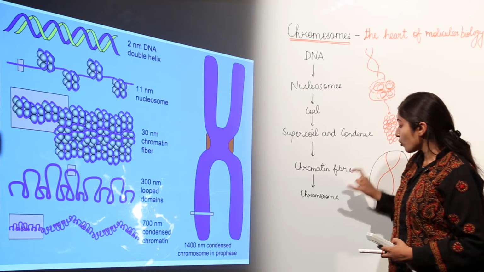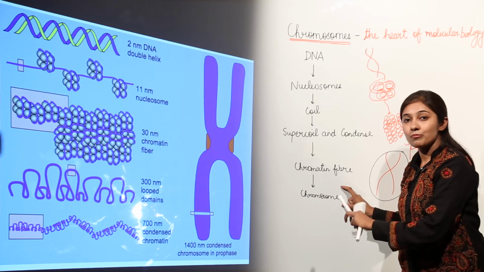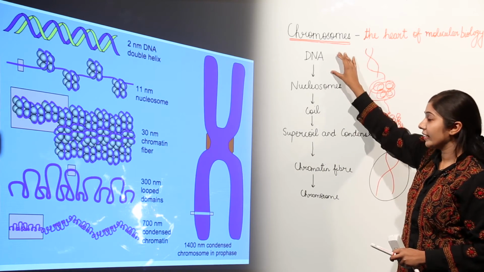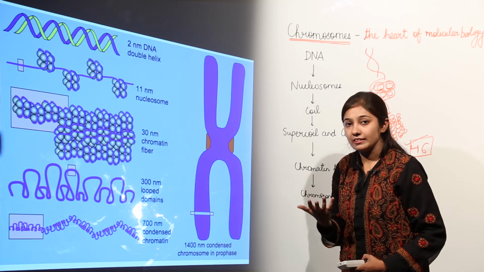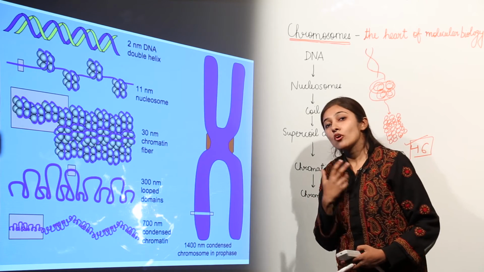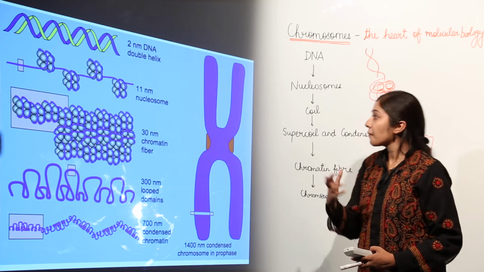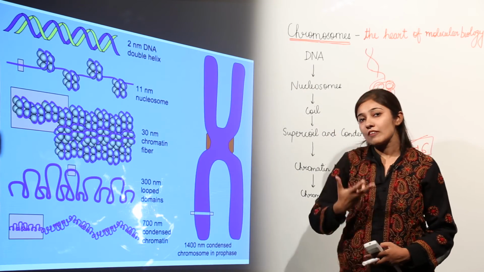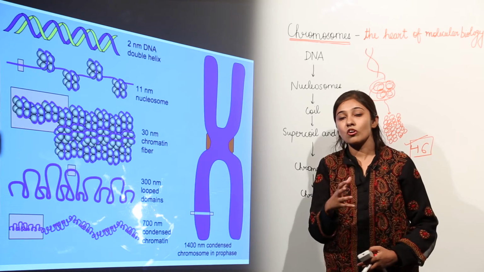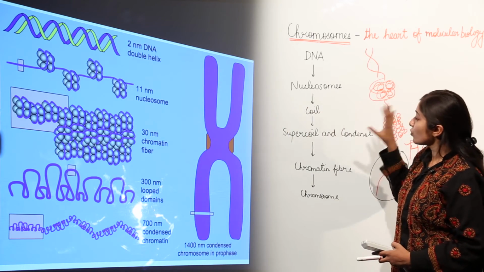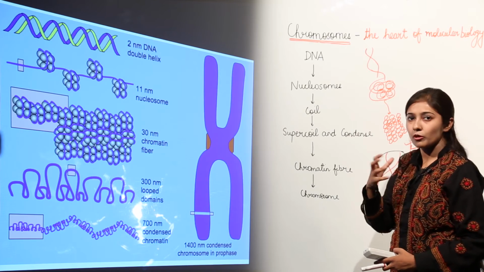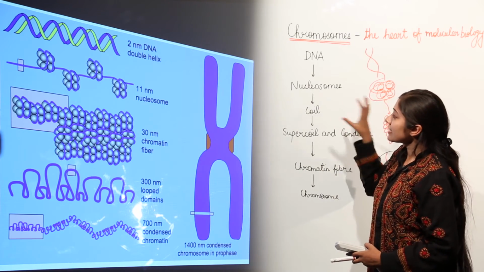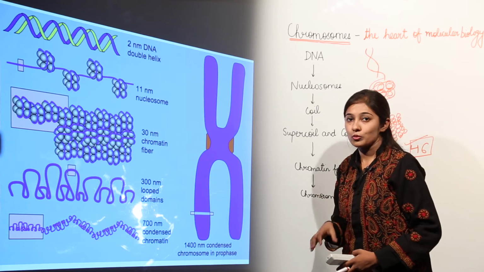So remember, chromosomes are composed of a molecule of DNA associated with some proteins. Which proteins am I talking about? I am talking about histone proteins, because these histone proteins form nucleosomes. Otherwise we also have some non-histone proteins, but it is not suitable to give you the explanation about non-histone proteins here. So I will just be discussing the basics of chromosomes.